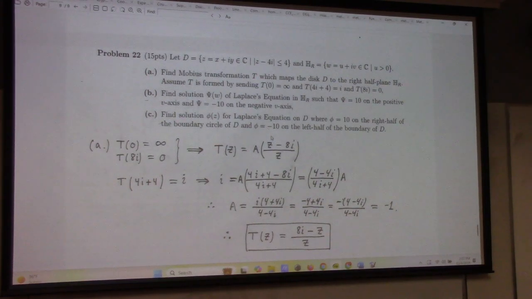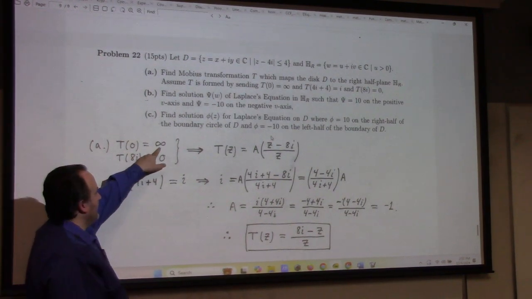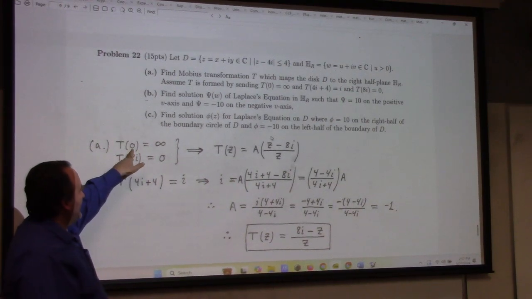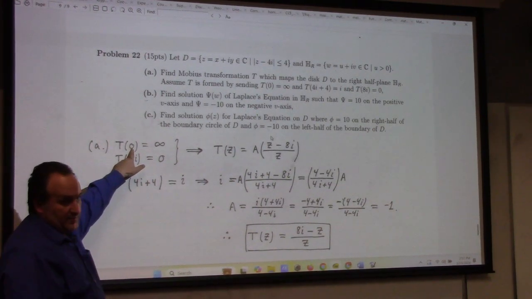And here was just a build-your-favorite-Mobius-transformation question. There are much harder versions of this question, but what I like for a test question is one that involves infinity and 0, because those are really easy to track. If I'm mapping 0 to infinity, that means the formula has to have division by 0 when you put in 0.